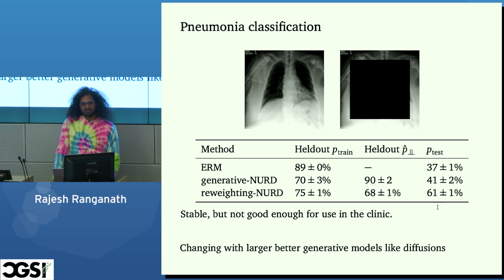The comment that I'll make is that, from the time that this work was done, which is last year, to today, this probably has changed quite a bit. If you take very large generative models, my guess is that your performance would be stable if you just did something like generative NERD off the bat. And I'll talk a little bit about that in the workshop.